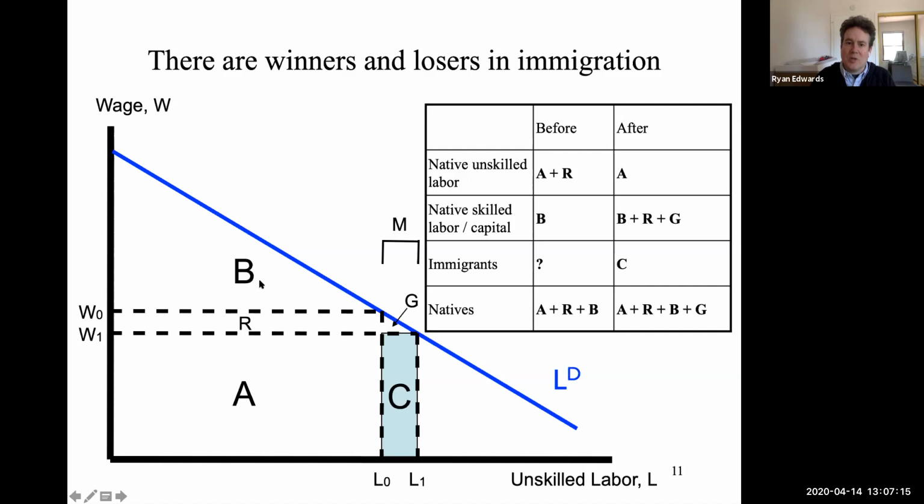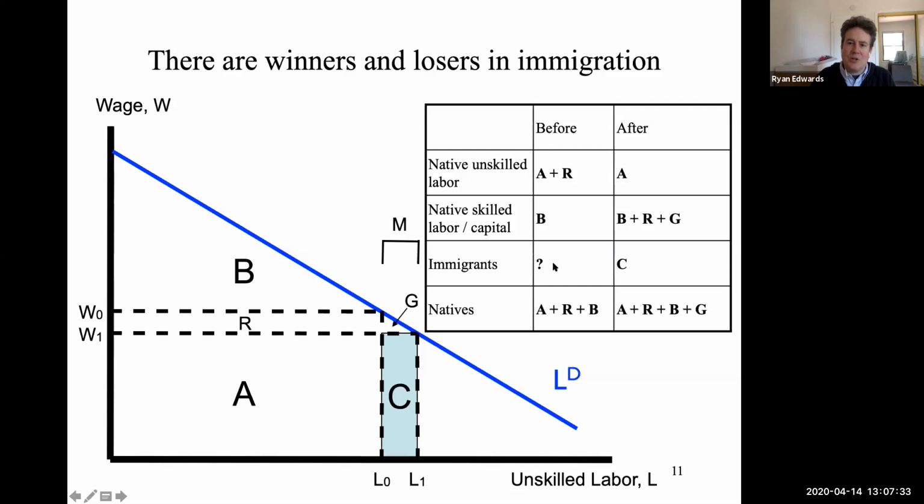Native skilled labor and capital starts off with B, that stays the same, and then they get B plus R plus G. So the new gain here, I think that was the motivation for my calling it G, and R is the redistribution, G is the gain. It's that kind of mnemonic sort of thing that we love to do.